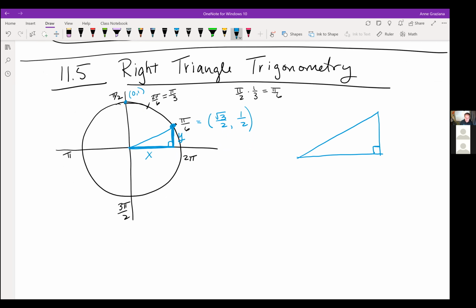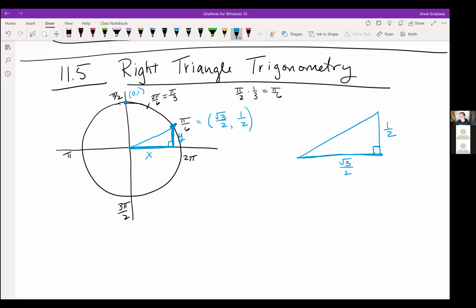If I pick this one up from the unit circle and move it off, the x value is square root of 3 over 2, that distance. The y value is 1/2. What's the length of the hypotenuse?